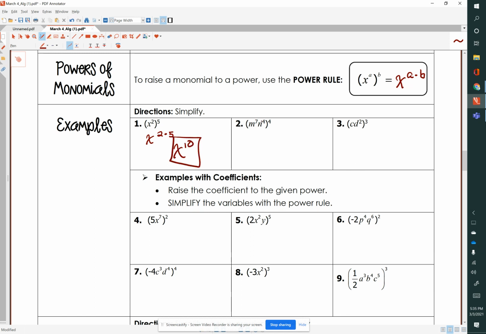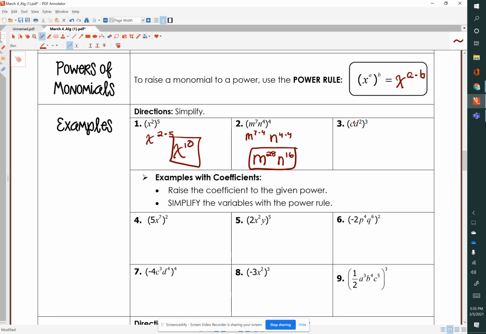If we have m to the 7th and n to the 4th, all to the 4th power, that would be m to the 7 times 4, n to the 4 times 4, which would be m to the 28th, n to the 16th power. Okay, if we have c d to the 2nd power raised to the 3rd power, this is one of our invisible ones.